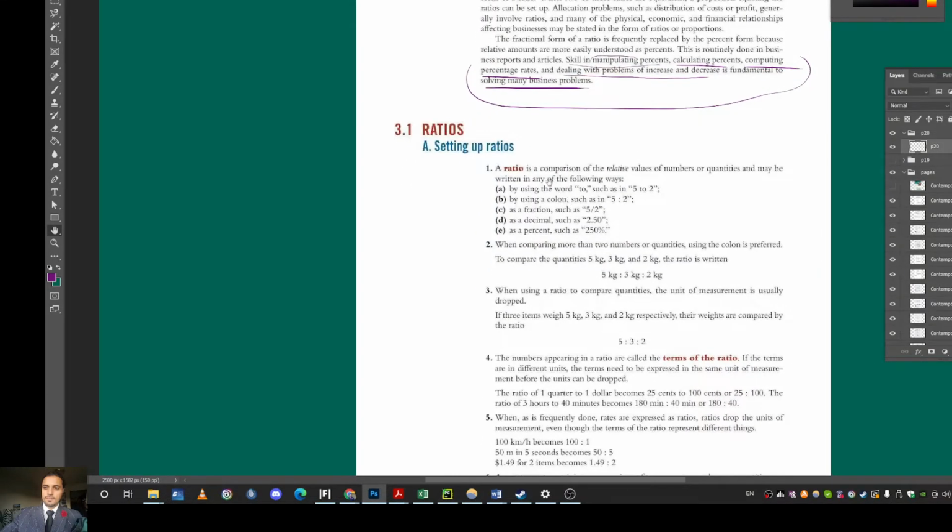Setting up ratios. A ratio is a comparison of the relative values of numbers or quantities and may be written in any of the following ways. So it's basically a comparison. You're comparing one thing to another thing. The example he gives is 5:2. Say two armies are facing each other.